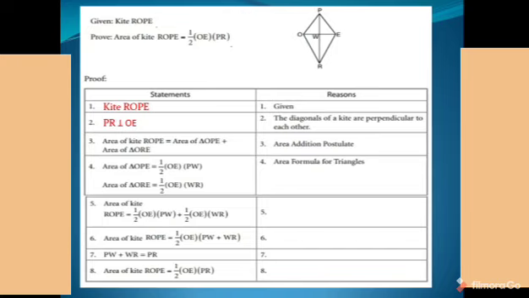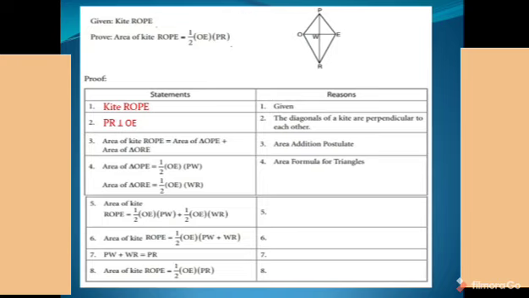And so with area of triangle ORE is also equal to one half times segment OE times segment WR. The reason? Area formula for triangles.